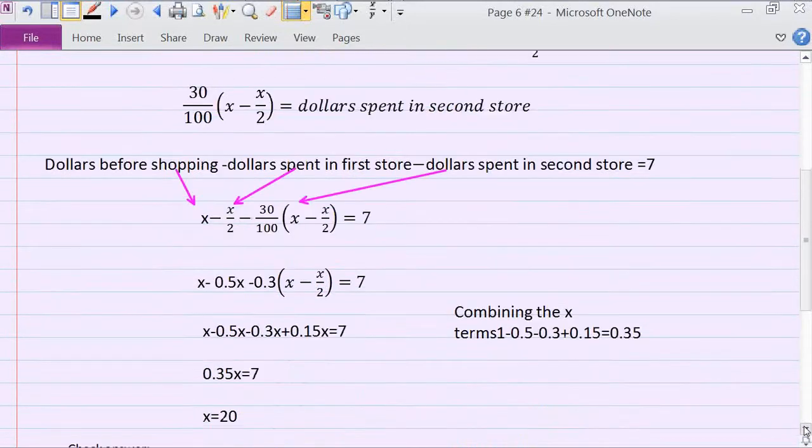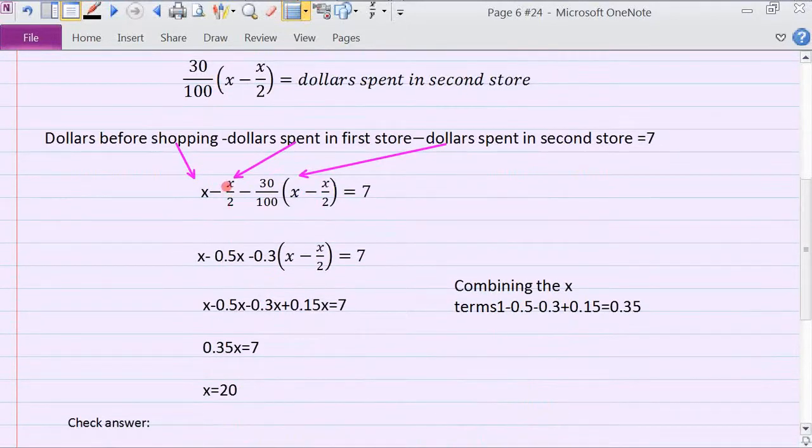So now, if we make all of these decimals, this X is this X. X over 2 is 0.5X right here. 30 over 100 is 0.3.